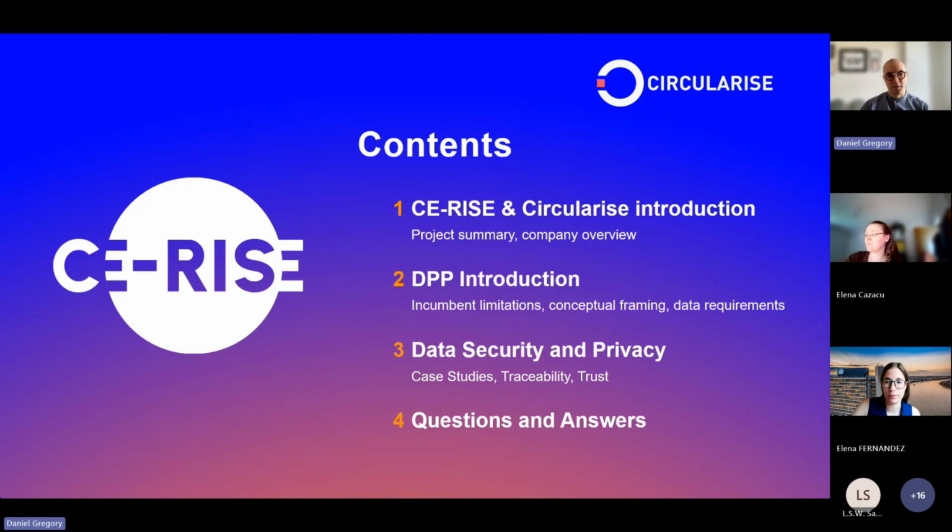What I'll be doing in the next hour is going over an introduction to what a digital passport is, how you can think through what it is, maybe a couple strategies on how to approach preparing yourself for making one of them if you want to do that, and some case studies on how we've built them at Circularise, and demonstrated their utility beyond some of the regulatory compliance aspects that people most frequently associate with them.